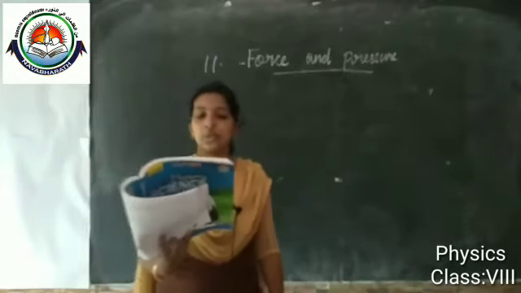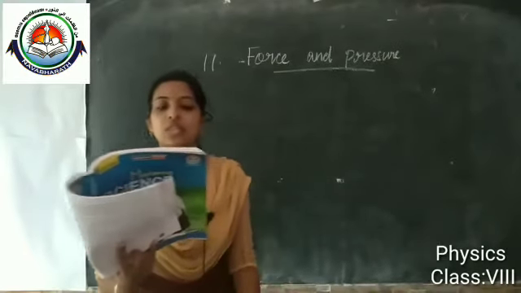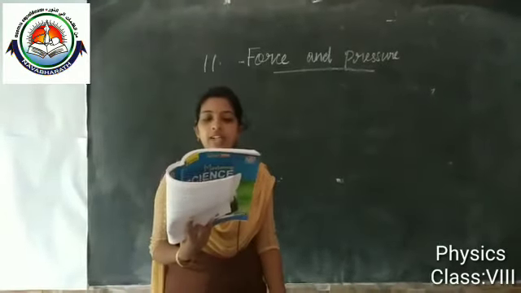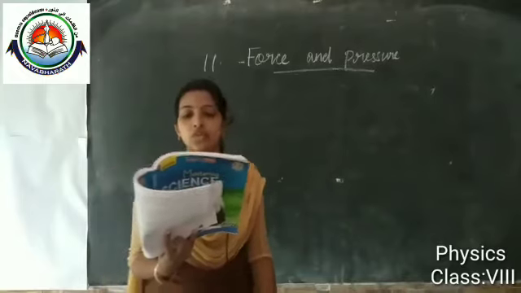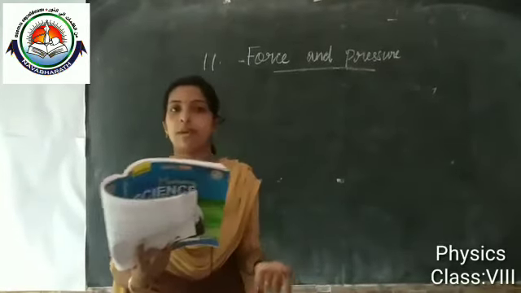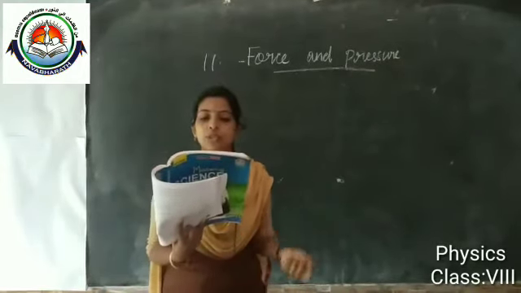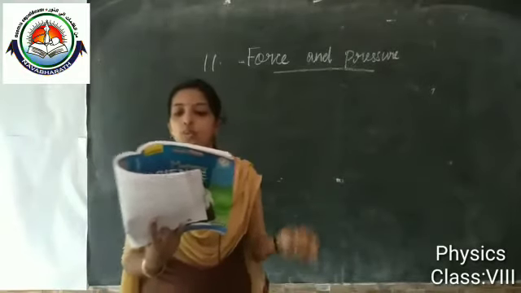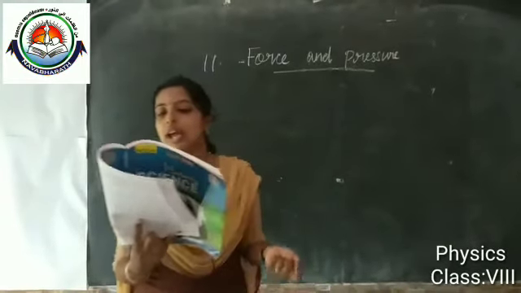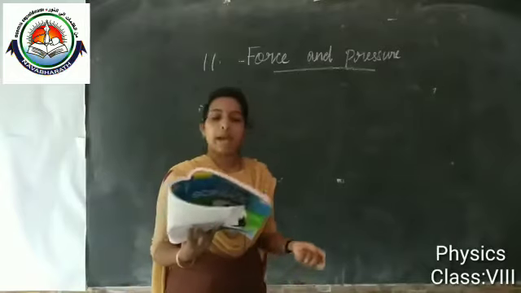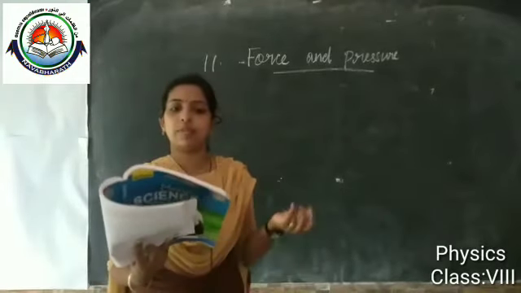Option A, Newton. Then fourth question, an object is attracted towards the earth due to dash. Option A, muscular force. Option B, frictional force. Option C, gravitational force, and option D, magnetic force. Which one will be the answer?